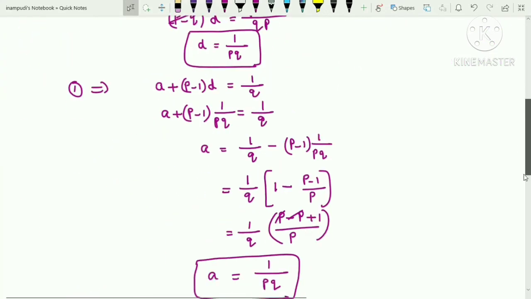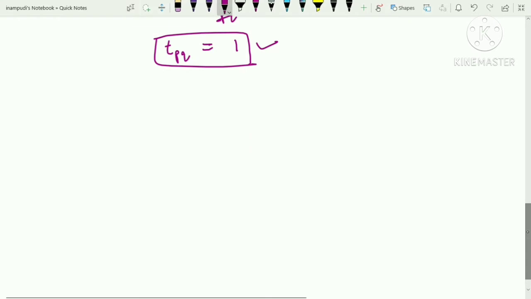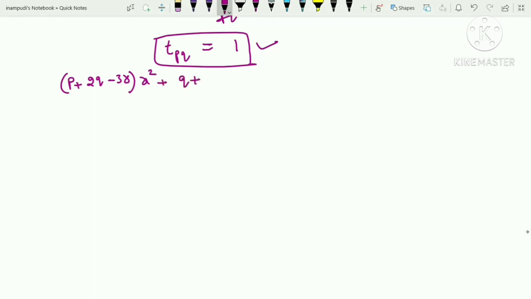(P plus 2Q minus 3R) into x square plus (Q plus 2R minus 3P) into x plus (R plus 2P minus 3Q) equal to 0.